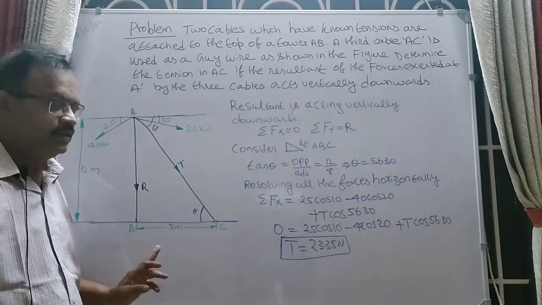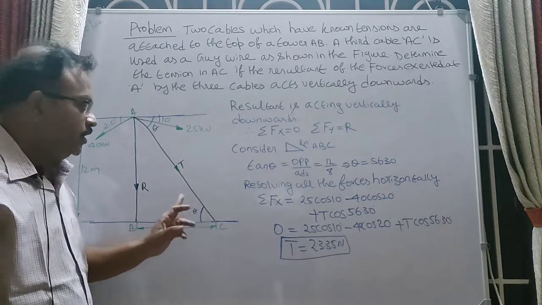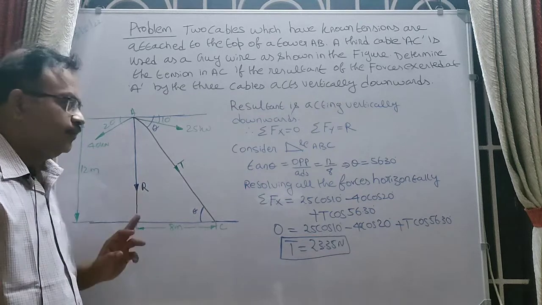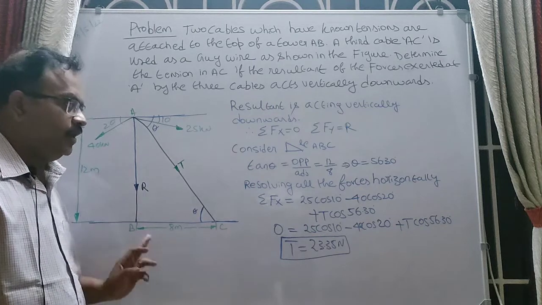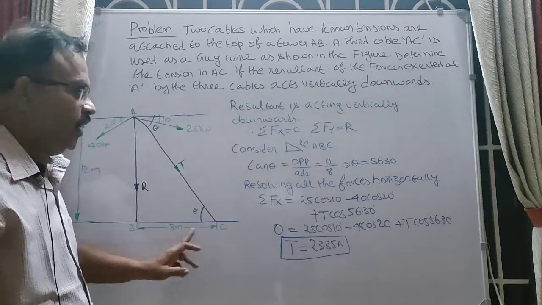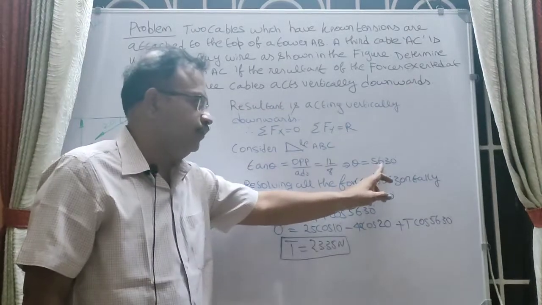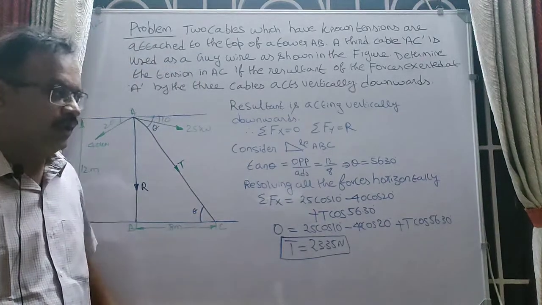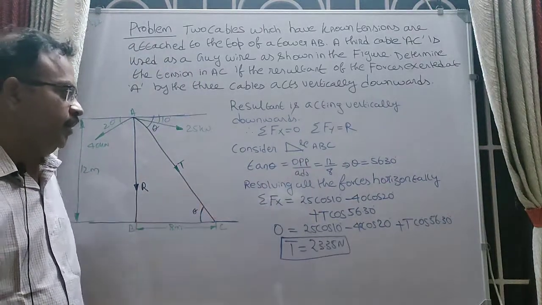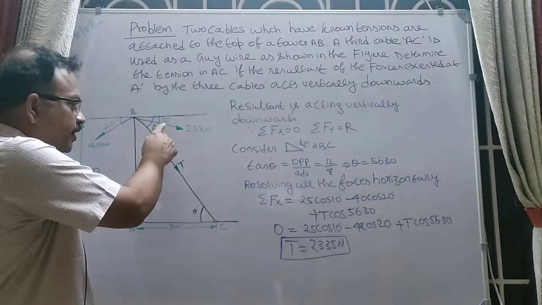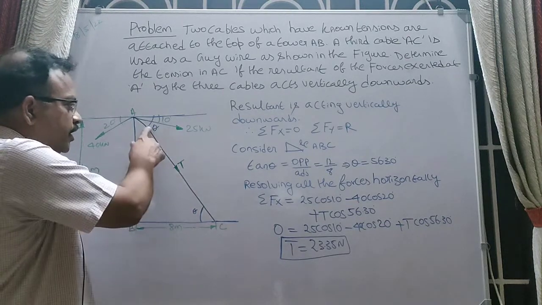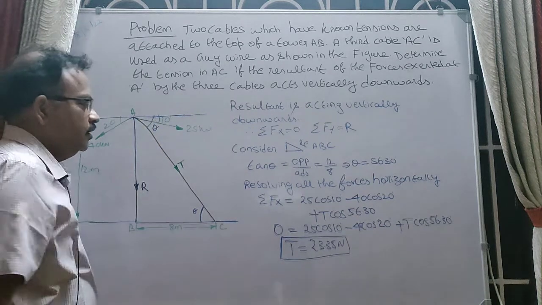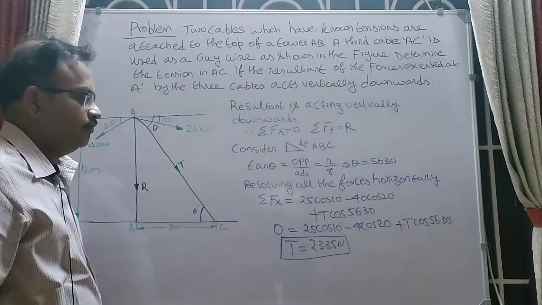It is 8 meters. So tan theta is equal to 12 by 8, and theta equals tan inverse of 12 by 8. From that you can find the value of theta. Theta is equal to 56.30 degrees. Now we have determined the value of theta. From the geometry of this figure, if the angle is theta here, then naturally this angle will also be theta.